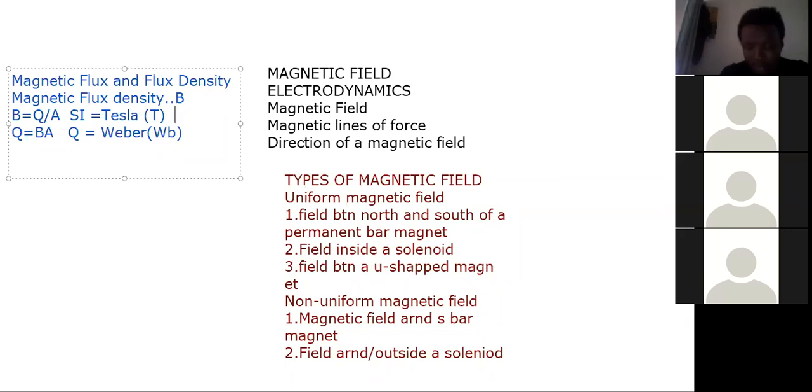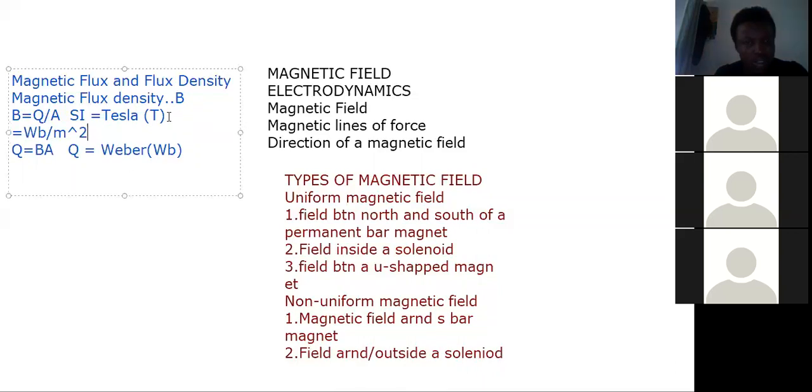Looking at the formula, we can see that T is equivalent to Weber per meter square, or Wb/m^2. I hope you agree with me, because flux is measured in Weber and area is measured in meter square. So the SI unit for this is this.